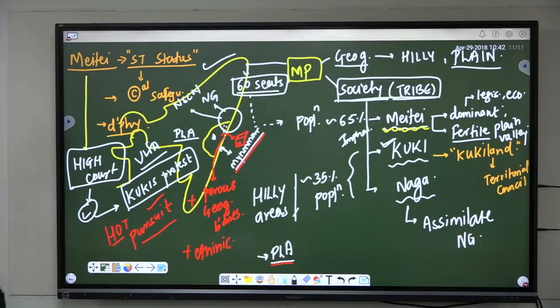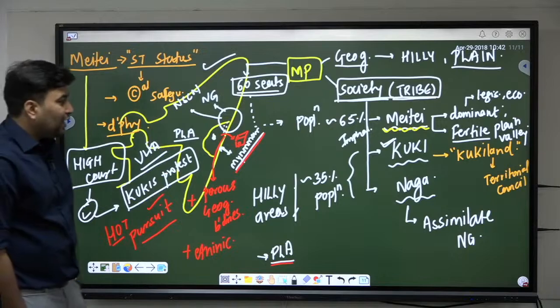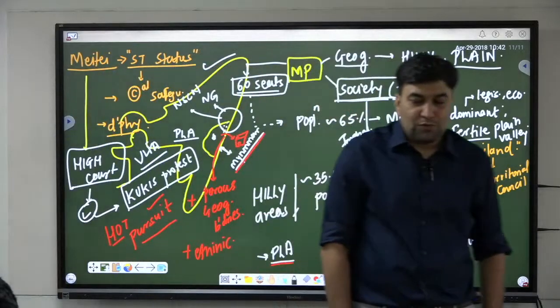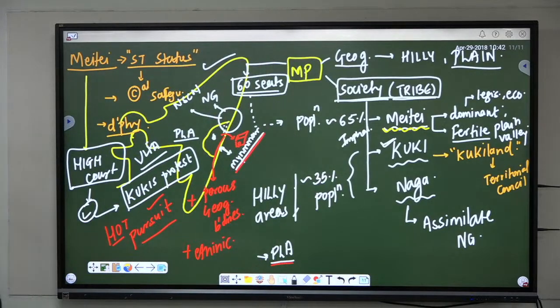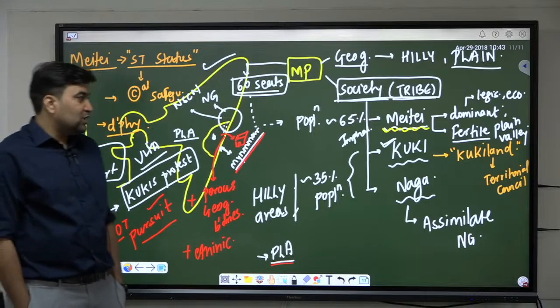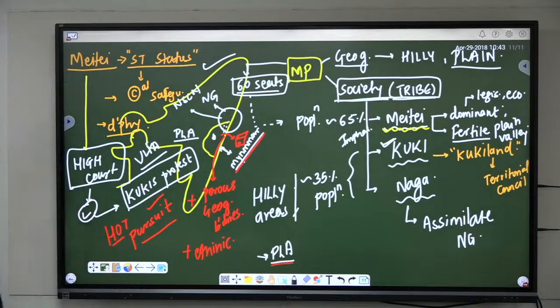Earlier demand was formation of separate Kuki state. However, full stop, however, now they have scaled down the demand to form territorial council.